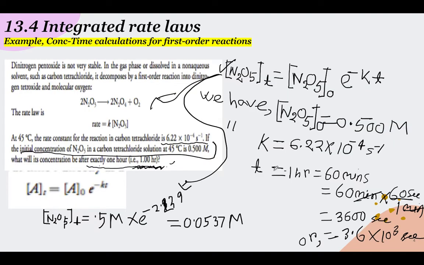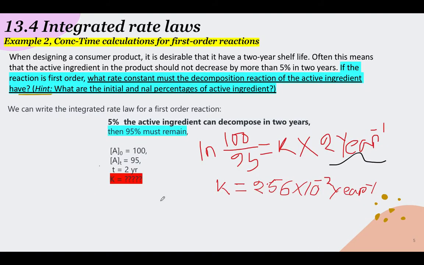As I said, you see this equation. We also have another form with ln. We can write the log or ln in this way. So if we put the ln, the concentration at initial time and final time equals k times time, so we will also get the value.